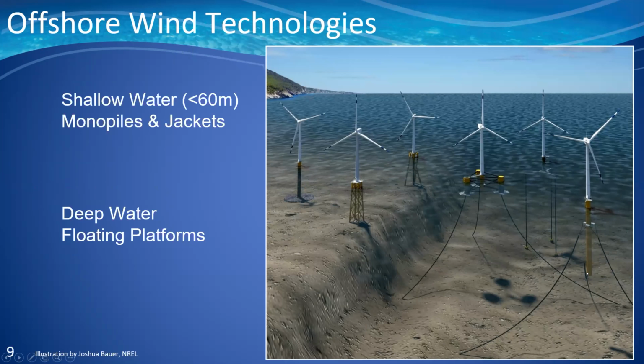This one on the far right is a spar, basically just a big tube that goes down in the water. And then a semi-submersible platform that can operate shallower than the spars.